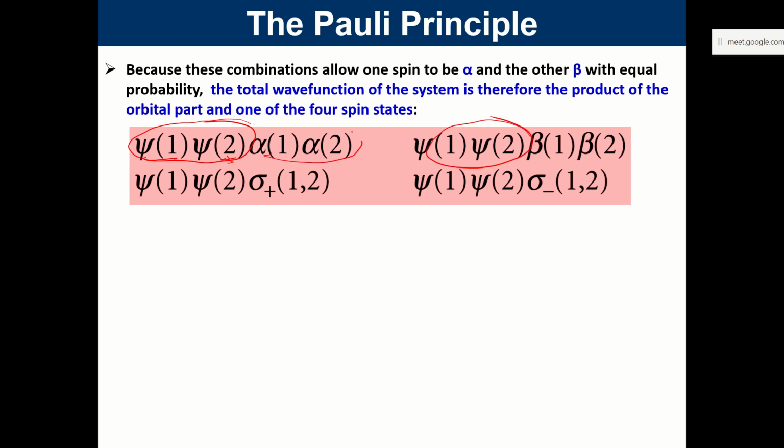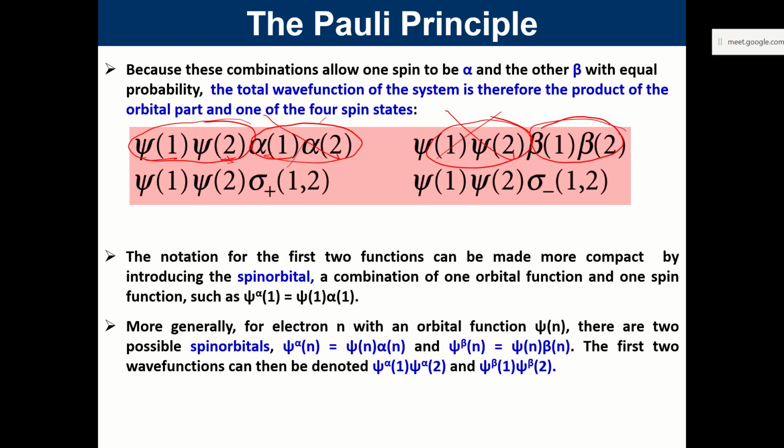Looking at this one, alpha 2 changes label over here, beta 1 beta 2 alpha 1, so the product remains unchanged. There is no change in sign in that case, and we first discard these two.